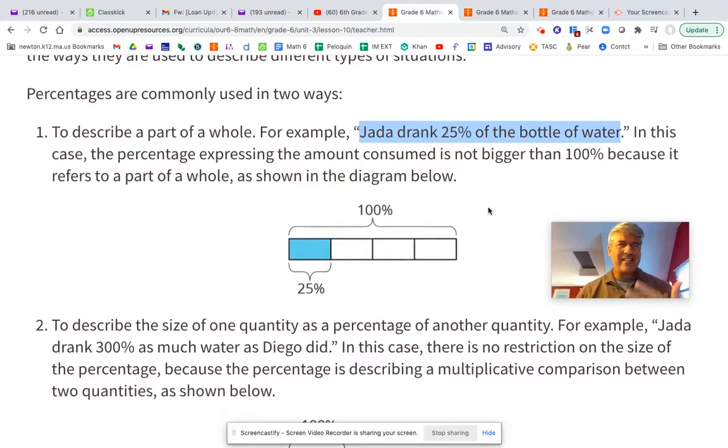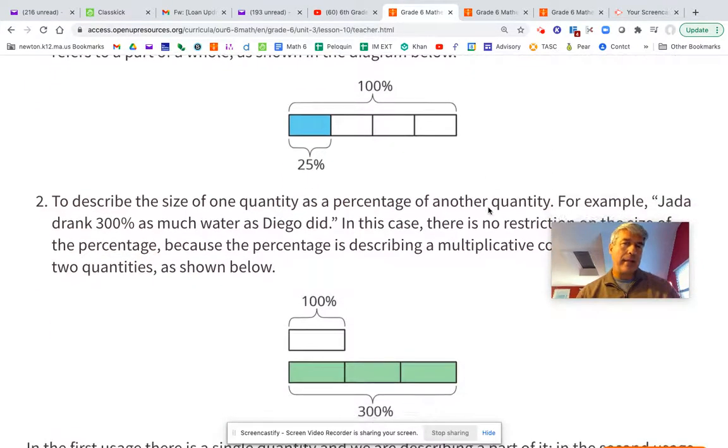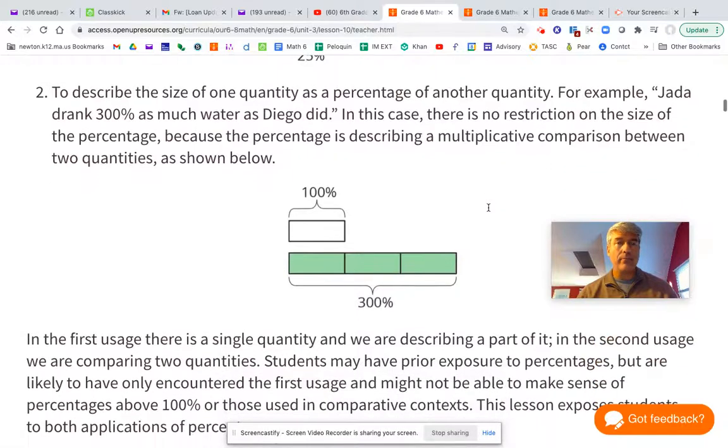So to let that sink in a little bit and to give you another example, pretend that Jada drank 300% as much water as what Diego drank. Now, let's just pretend that Jada actually drank 300 milliliters. And let's pretend that Diego drank 100 milliliters.